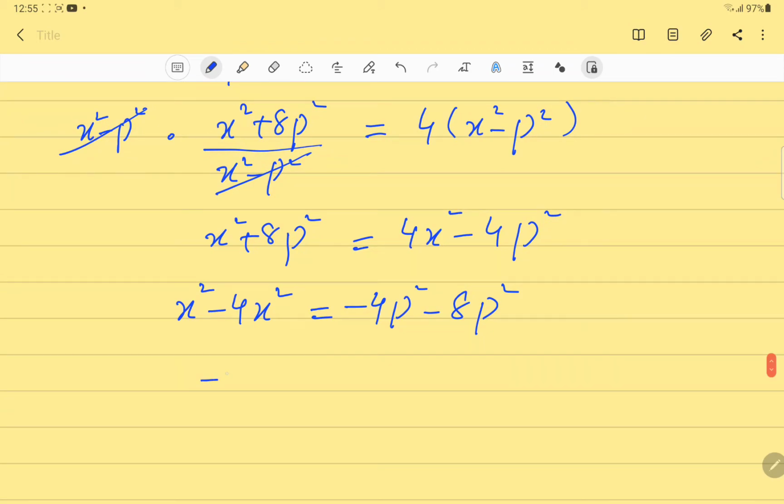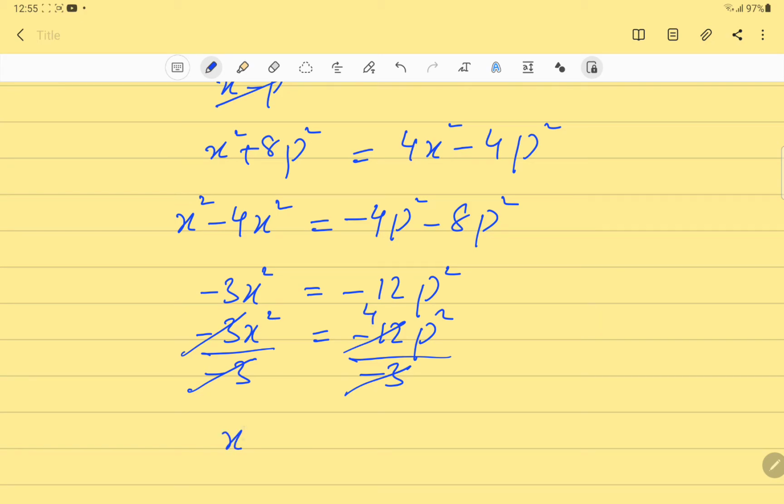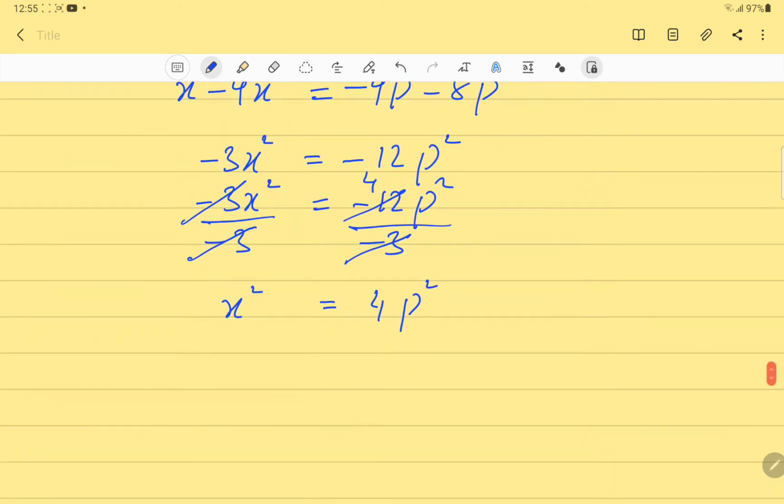So on the left side we now have minus 3x squared, and on the right side we have minus 12p squared. Dividing both sides by minus 3, minus 3 cancels with minus 3, and minus 3 cancels with minus 12, and we are left with 4. So x squared is equal to 4p squared.